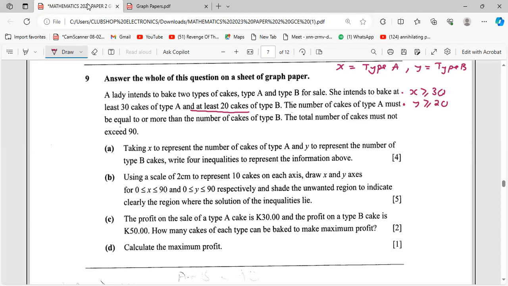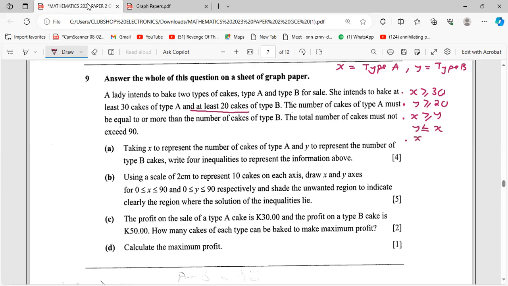Now, the number of cakes of type A, which is X, must be equal to or more than the number of cakes of type B, Y. So Y is less than or equal to X. Number four, the total number of cakes must not exceed 90, meaning it must not go beyond 90.